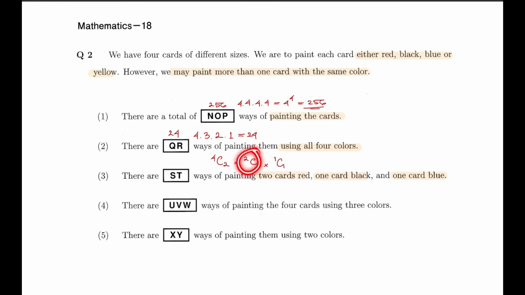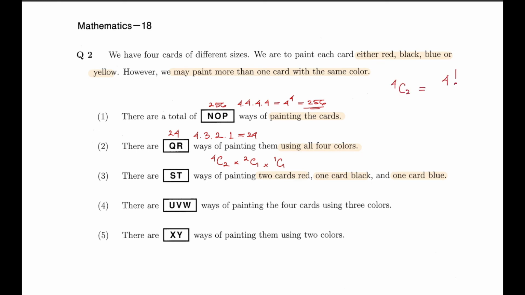After I choose 1 card and give black, only 1 card is left, and from that 1 card, we choose 1 and use blue color. So 4C2 times 2C1 times 1C1.